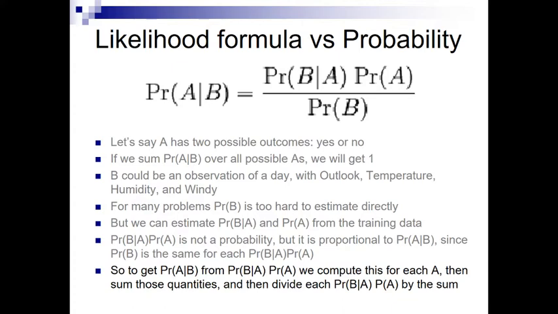If we know that removing the denominator gives us something that's proportional to the probability of A given B, then we want to maintain that proportionality when we look at the set of all of those across the possible A's. And if we want to know what proportion of that total is the probability of B given A times the probability of A, we're going to divide that numerator by the sum across all of those numerators.